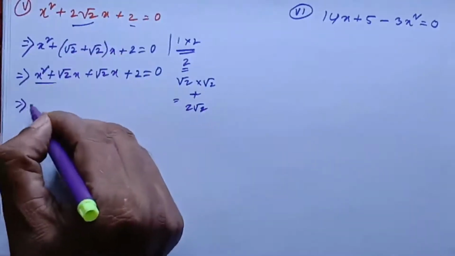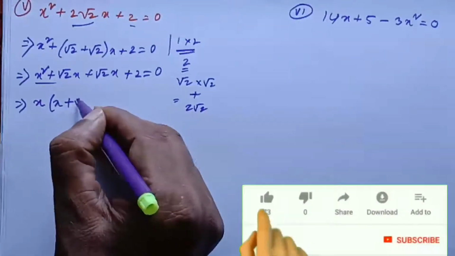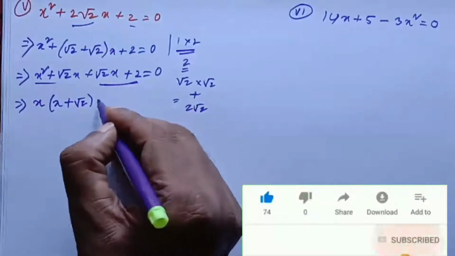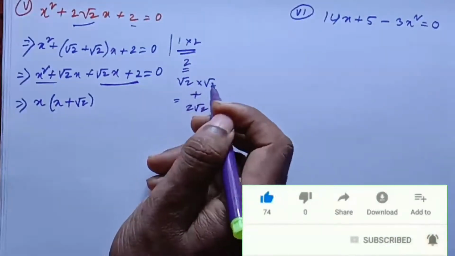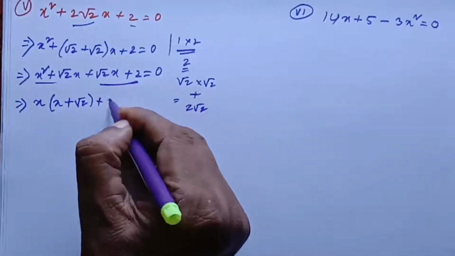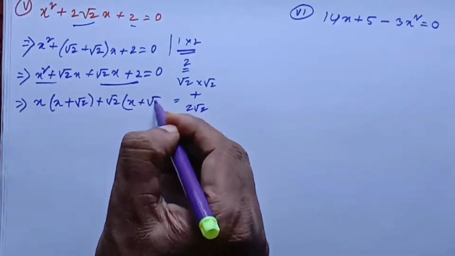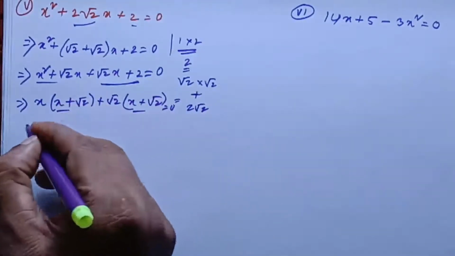We can take common x. So we are left with x plus root 2. From these two, we'll take root 2. Since it is 2 we can break into root 2 into root 2. So plus we can take root 2 common, x plus root 2 equal to 0. So x plus root 2 is common in both.